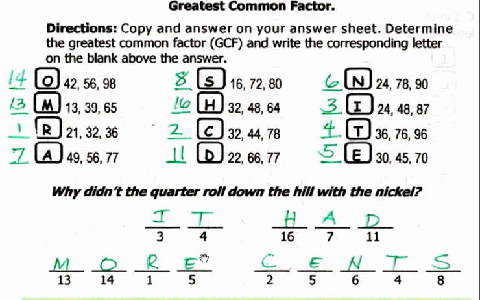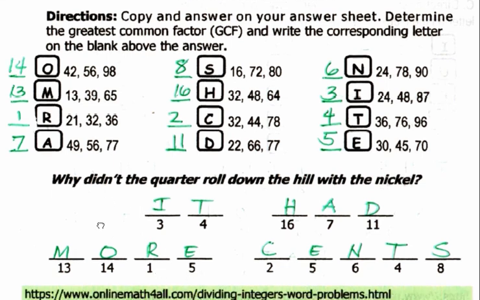Well, it says here, there's a clue for this message. Why didn't the quarter roll down the hill with a nickel? Well, the answer is it had more sense. Let's try to verify. It says here, above the number 3, the letter I is verified.